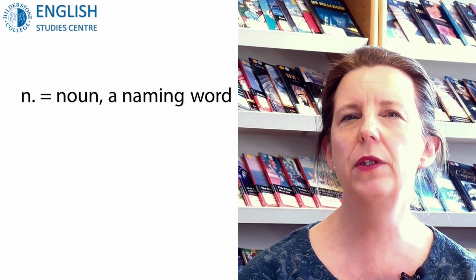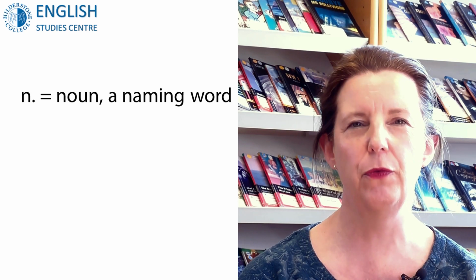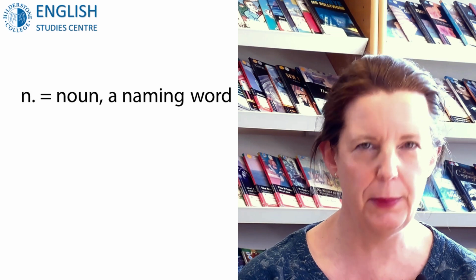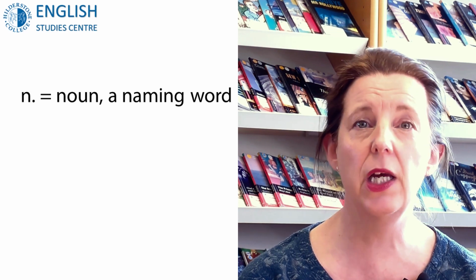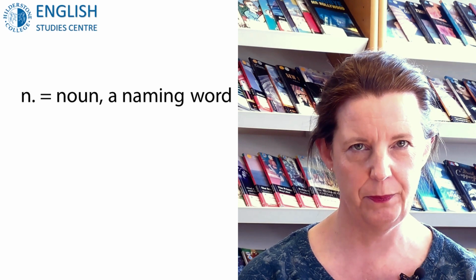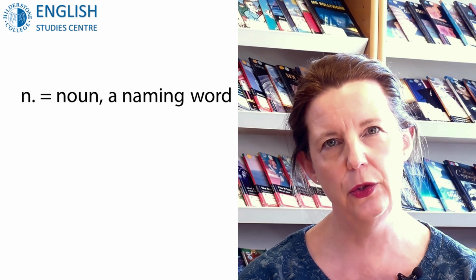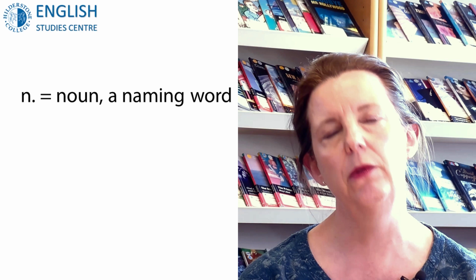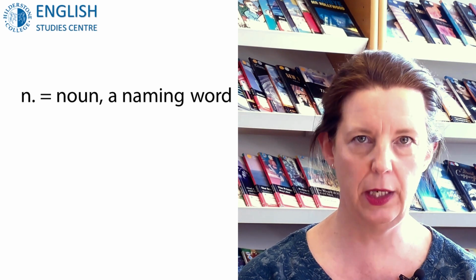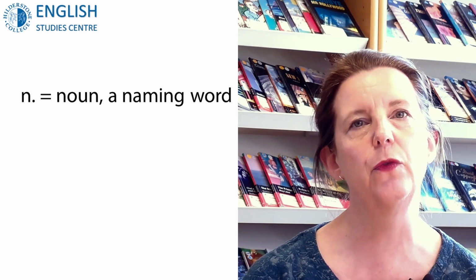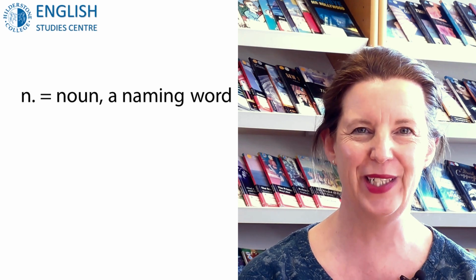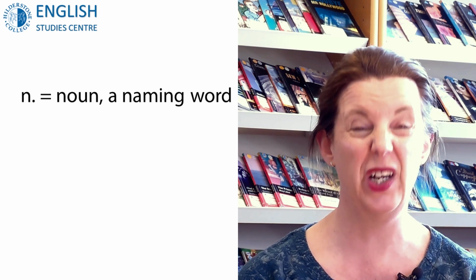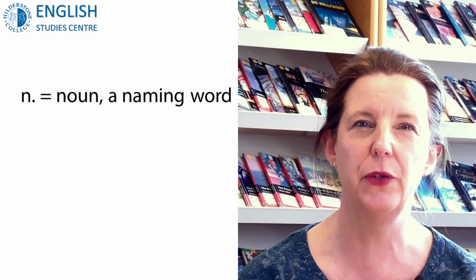That's the Common European Framework of Reference. You don't need to worry about that though. All you need to know is that the scale starts at A1 for beginners, goes on to A2, B1, B2, and so on, all the way up to C2, which is for learners who speak and use English as well as a native speaker. So those are quite high-level words at C2 level, as you can imagine.